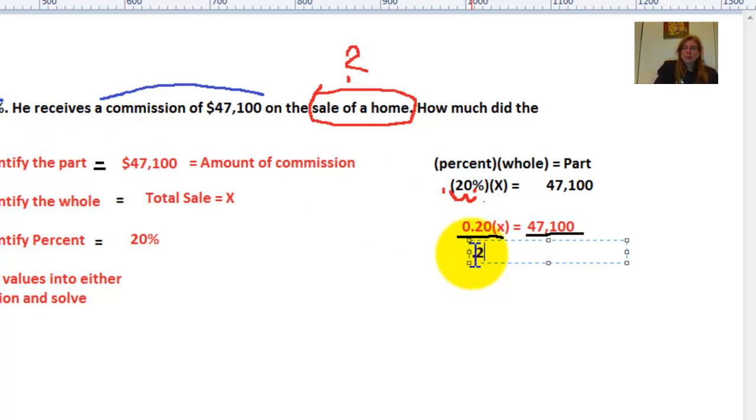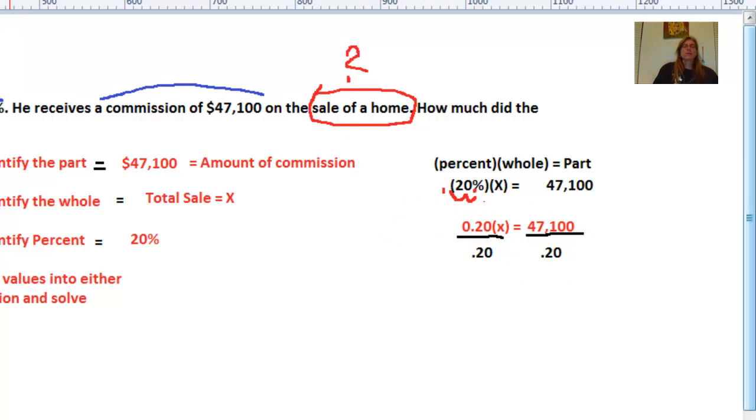So we'll put 0.20 just to keep it clear, and divide this by 0.20, which does our usual thing. 0.2 over 0.2, it doesn't matter whether it's a decimal or not. Any number over the same number equals 1. And then 1 times X is just X.